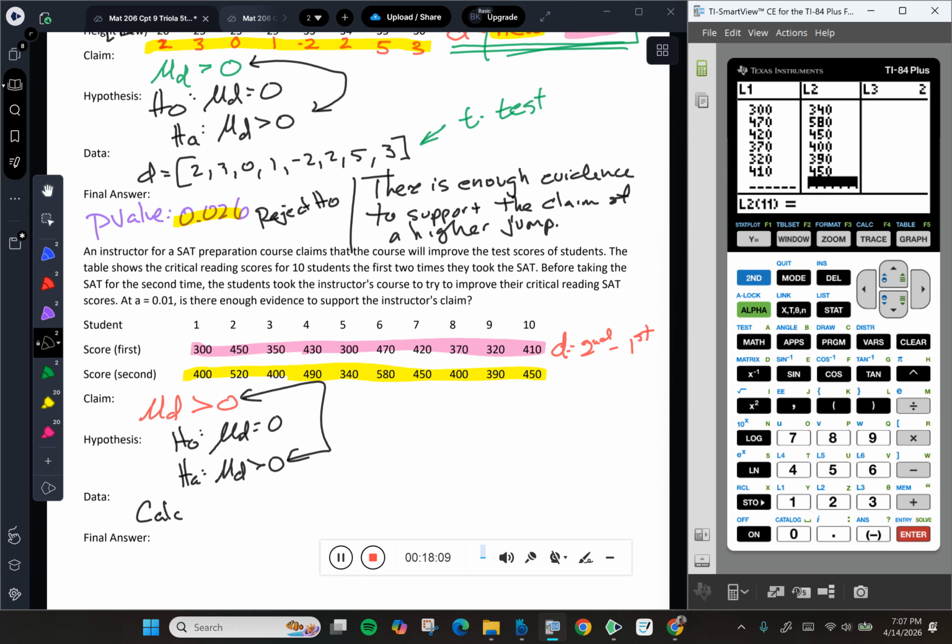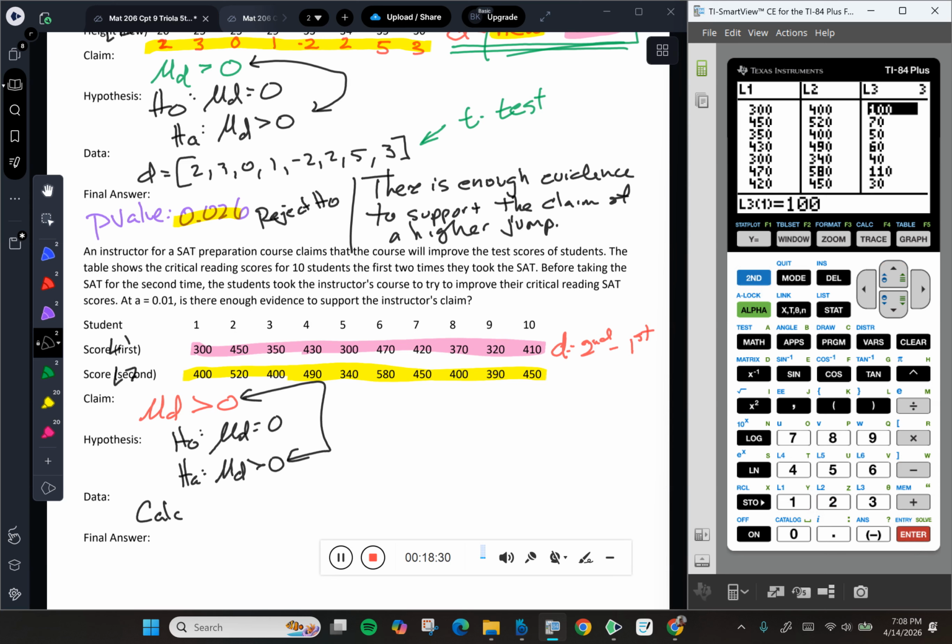Right? Now, if D is second minus first, and second is in list 2, and first is in list 1, then over here, I need to do list 2 minus list 1 again. So list 2 minus list 1. Right? So I get those values.